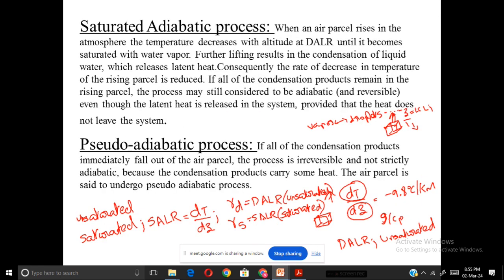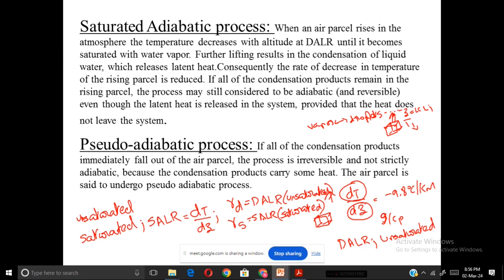And we learned two processes: saturated adiabatic process and pseudo adiabatic process. Saturated adiabatic process is when condensation occurs in a saturated air parcel, but the condensation products are not leaving the system, and whatever heat is released due to the latent heat of condensation stays in the system itself. The heat is used to increase the temperature of the air parcel itself.